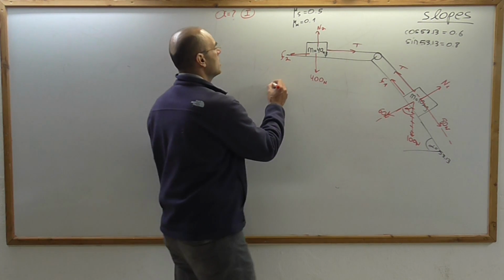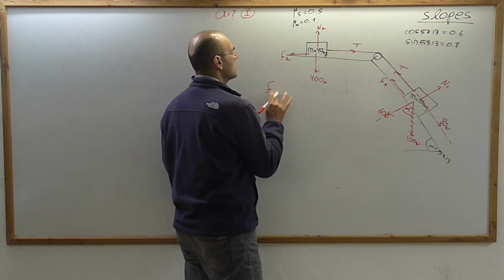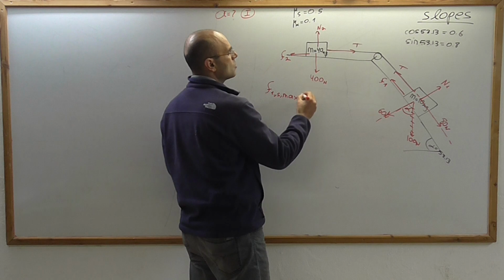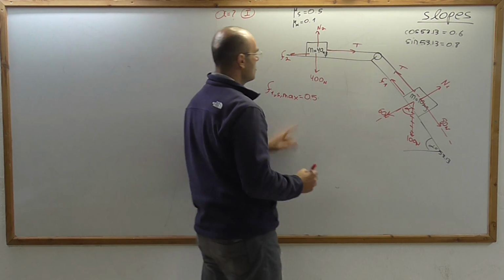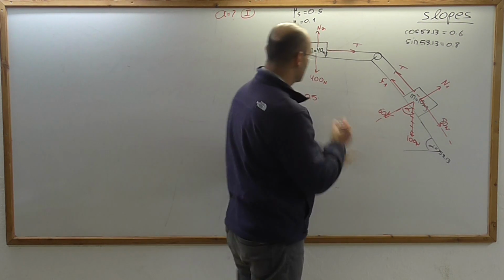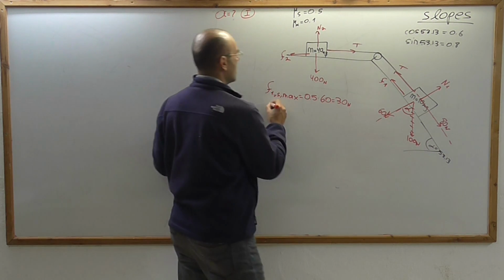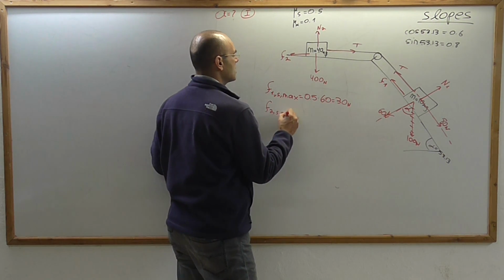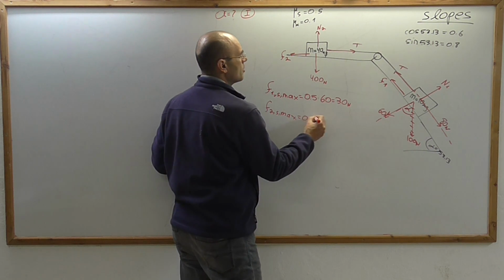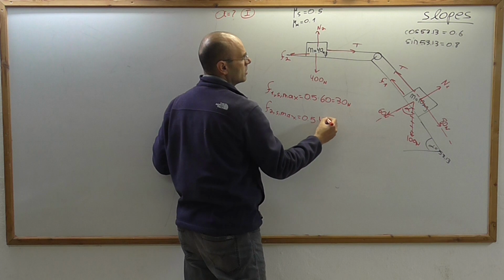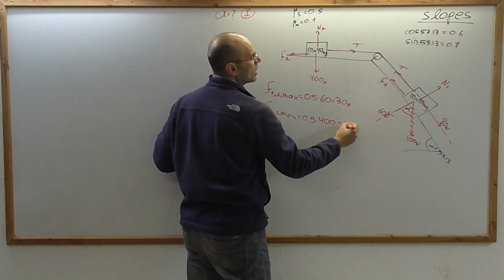Let's find them. F1 static max is mu static, which is 0.5, multiplied by the normal one, which is 60, which is 30 newtons. F2 static max equals 0.5 multiplied by N2. N2 is 400, which is 200.